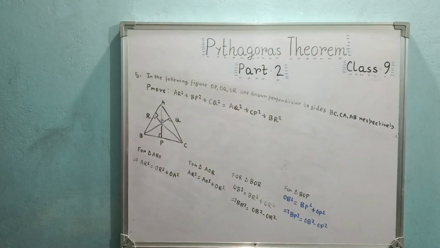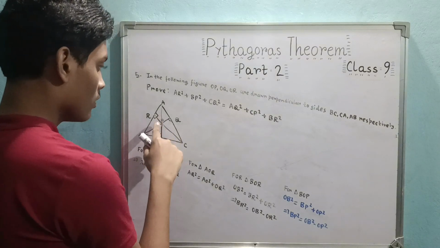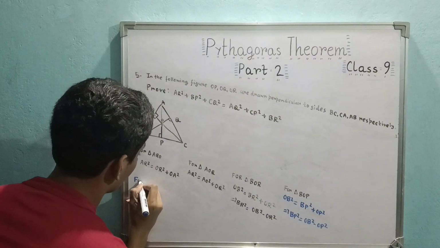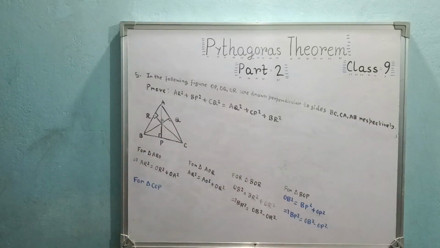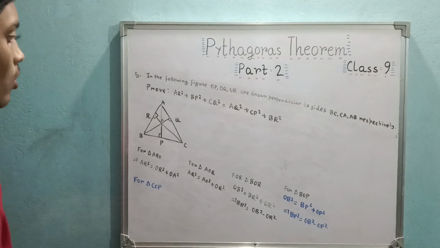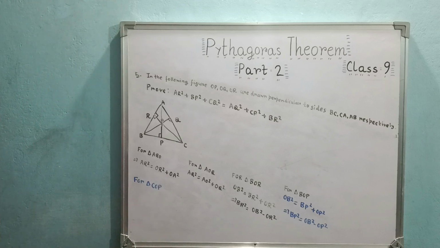How many triangles are done? 1, 2, 3, 4. 2 remaining. Then BOP is done. Now triangle POC, the triangle COP. For triangle COP, OC square equals OP square plus PC square.